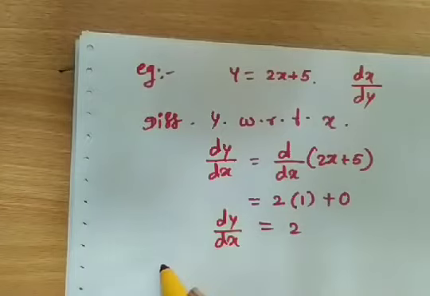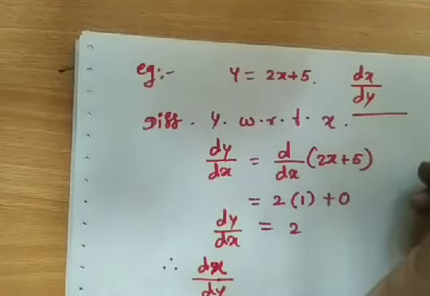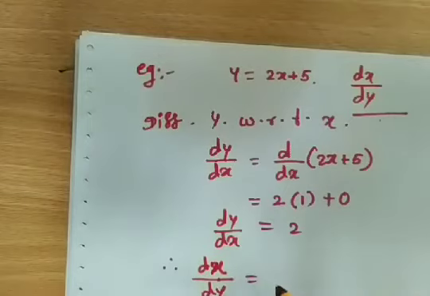Then we use the inverse function theorem. By using the inverse function theorem, we find dx upon dy. Dx upon dy is the inverse of dy by dx, meaning the reciprocal of dy by dx is equal to dx upon dy.